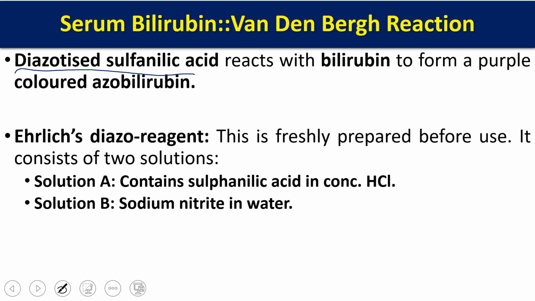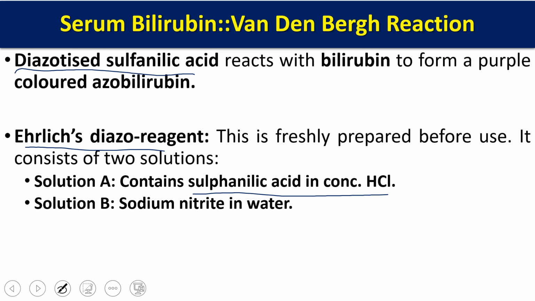This diazotized sulfanilic acid is called the diazo reagent, or Ehrlich's diazo reagent. Every time we perform a test, we freshly prepare this reagent. It is normally a combination of two different solutions, solution A and solution B. Solution A contains sulfanilic acid in concentrated hydrochloric acid, and solution B contains sodium nitrite.